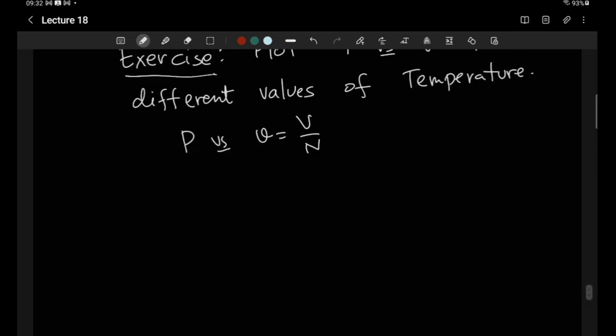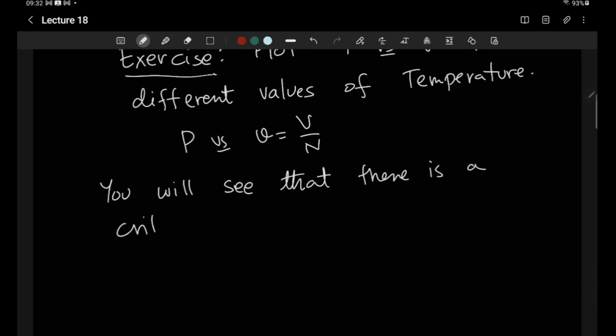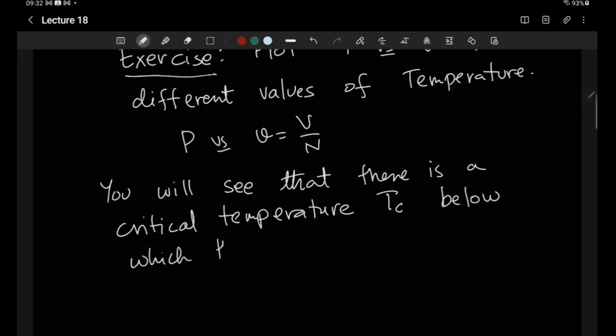What will happen is, we will see that there is a critical temperature, Tc, below which the PV curve changes shape.